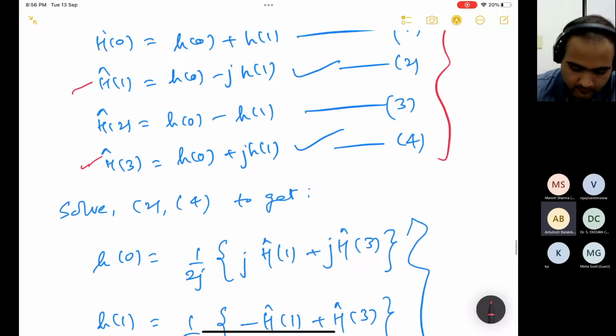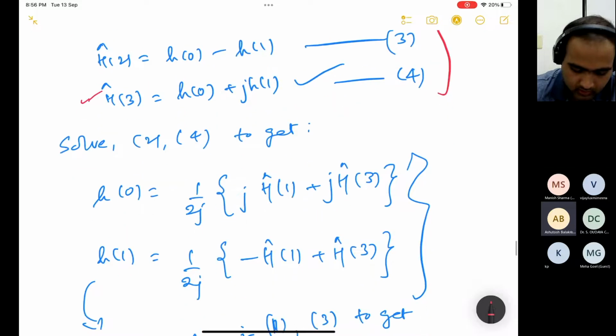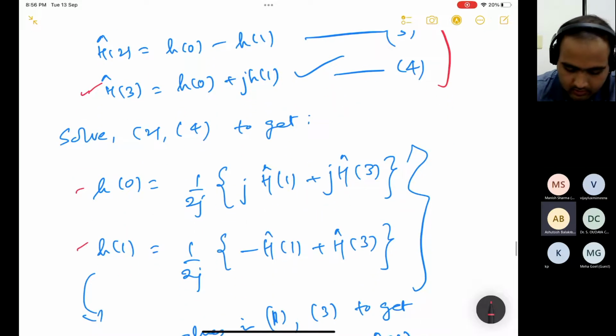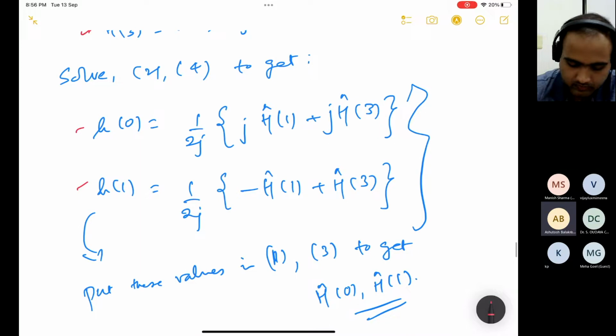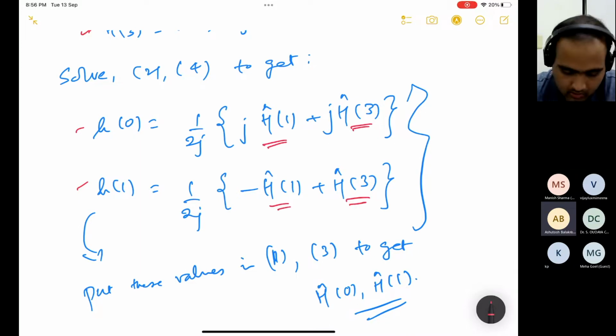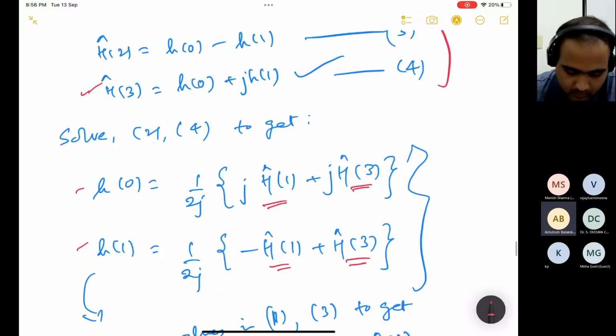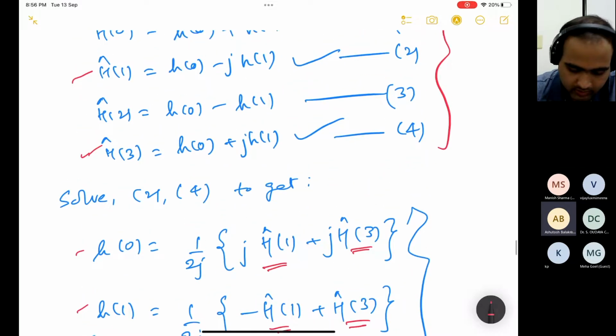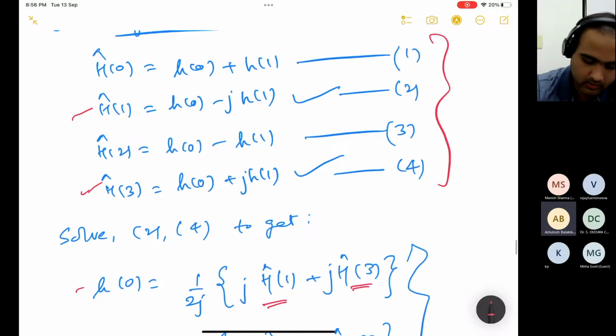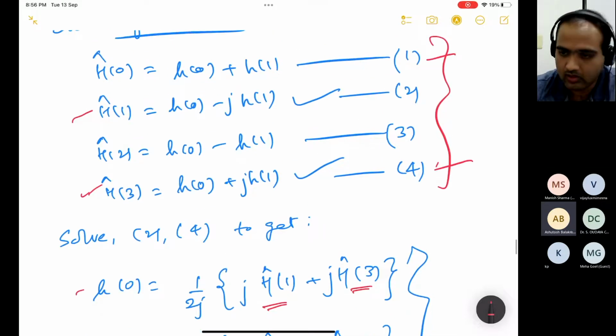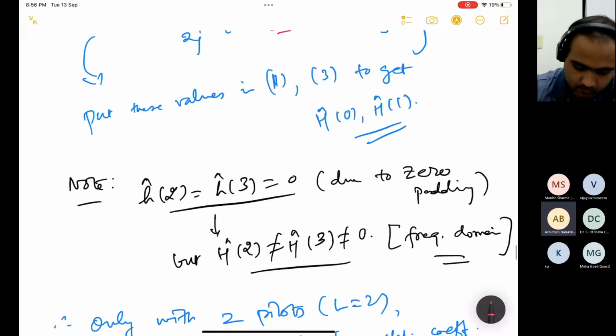And we solved 2 and 4. So if you solve 2 and 4, we'll get H0 and H1, in terms of H hat 1 and H hat 3, right? And if we put these values of h0 and h1 back in equations 1 and 3, because these two are still left to be computed, we'll get the values.